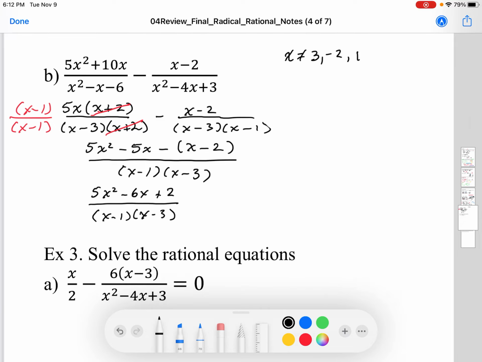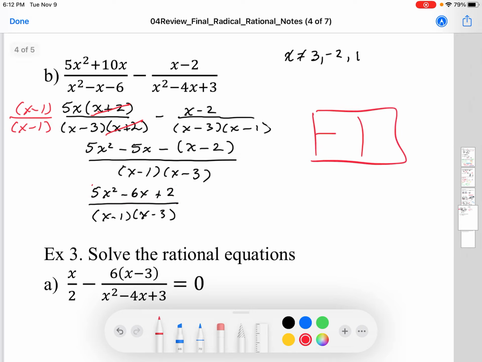Now, if you didn't cancel, it will still be correct, but you would end up with a cubic in the numerator, cubic in the denominator, 3 factors in the denominator, and there would be a common factor that you would need to factor out to be able to simplify this. At this point, it's going to be much easier to check this factor here. Okay, we're going to check to see if that is factorable.